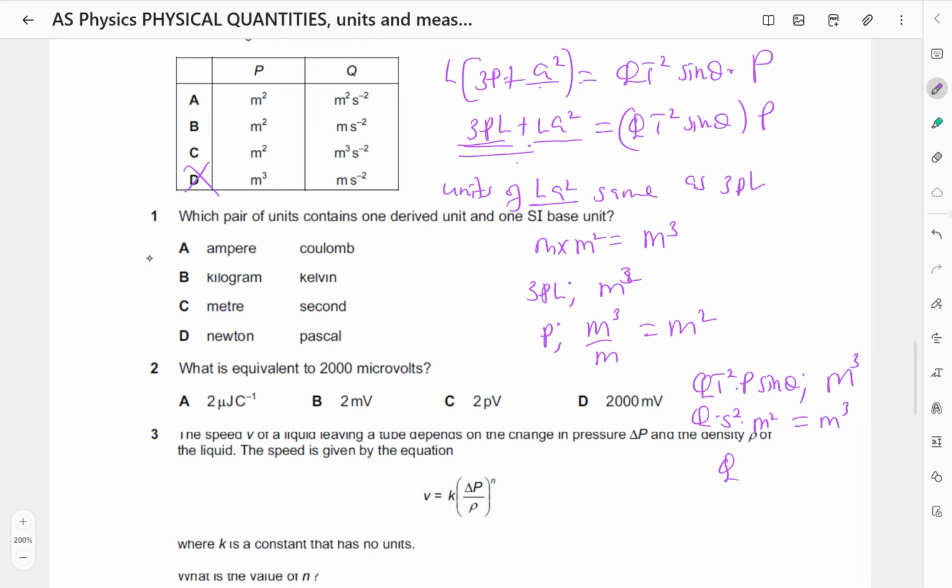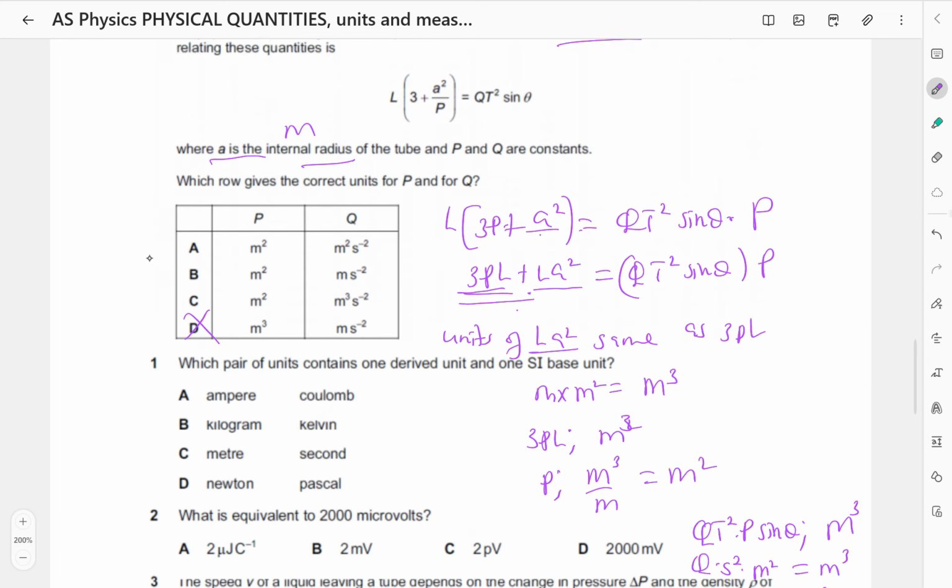So the units of Q are going to be meters cubed divided by meters squared times seconds squared. So this gives us meters, and the seconds become s to the power negative 2. So our answer is going to be meters per second squared. So the answer here, I think, will be B.